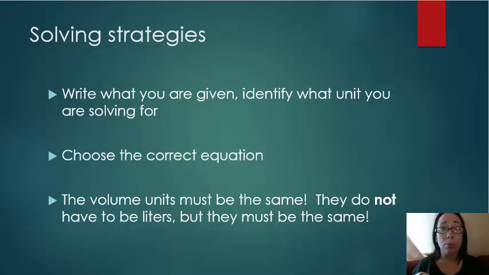And volume will always be in some unit of volume, such as liter or milliliter. So once you identify what you're given and what you're solving for, then it's pretty easy to choose the correct equation. Now, the one thing you have to be careful of is that the volume units have to be the same, because you want them to cancel out. They don't have to be liters, but they do have to be the same.